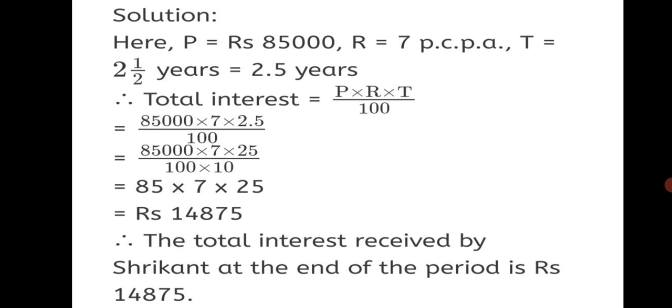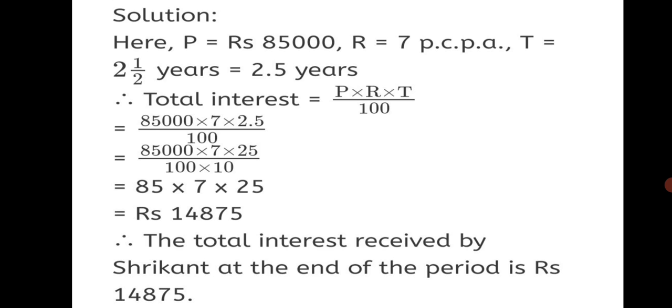2.5 means 2.5 years. Therefore, total interest is equal to a formula P into R into T upon 100 is equal to 85,000 into 7 into 2.5 upon 100. Now, as we substitute the values, we have to do our calculations. For the calculations, you will see 85,000 into 7 into 25, because 2.5 is converted into 25 upon 10.